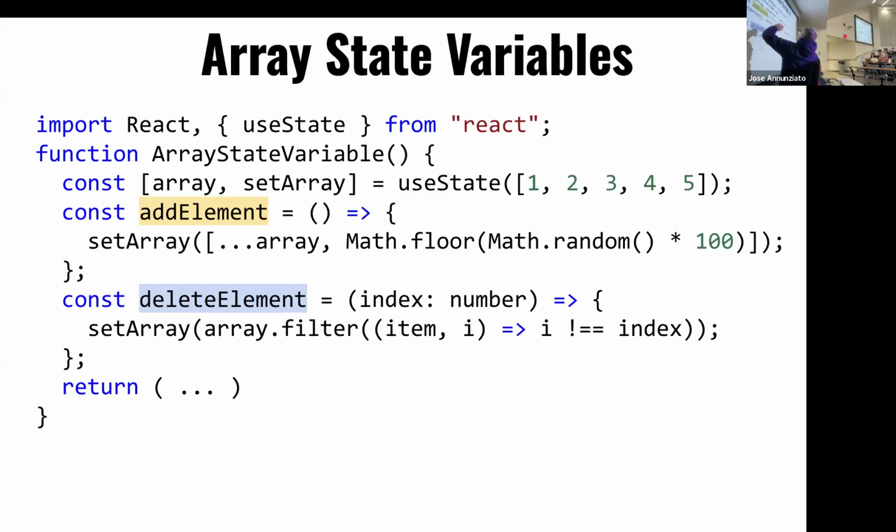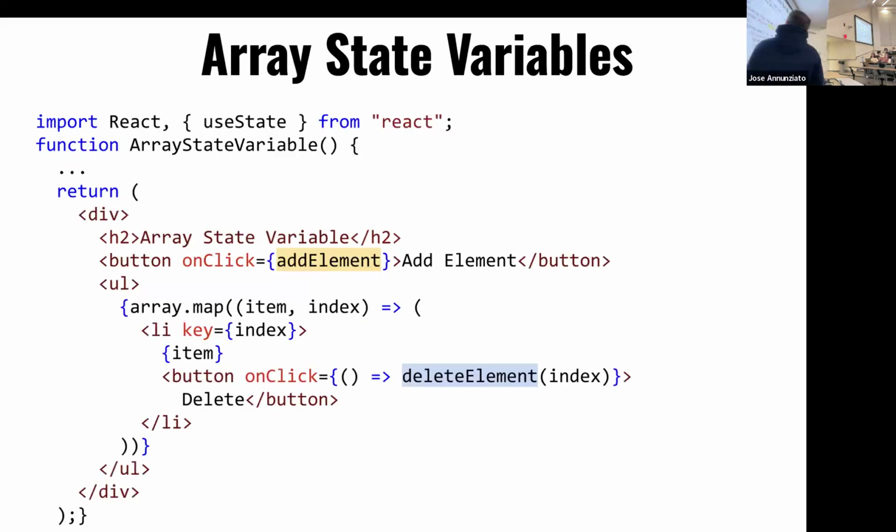So here's my state variable array and my set array, which presumably would allow us to set the new array at some point. Okay? So here we have a couple of event handlers. Well, actually, let's look at the rendering first. How are we rendering this?